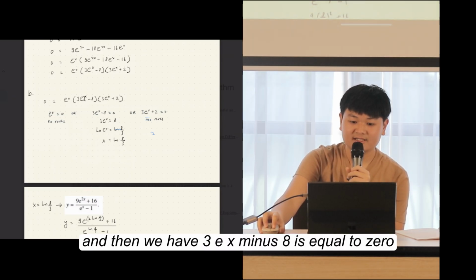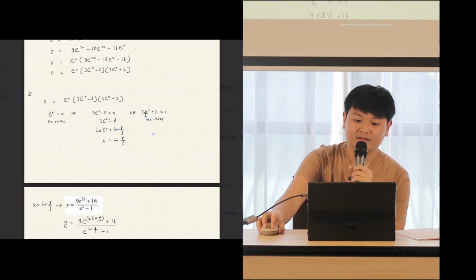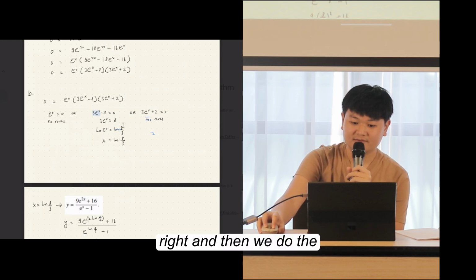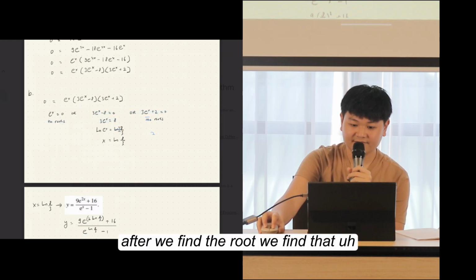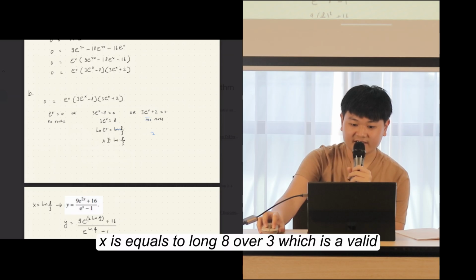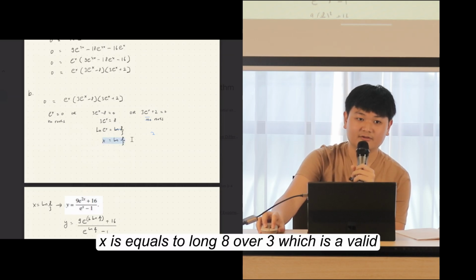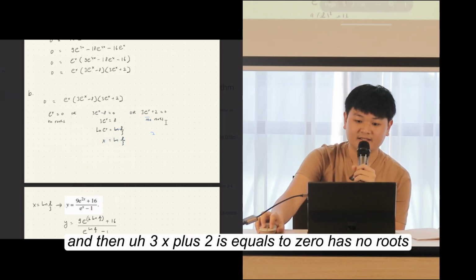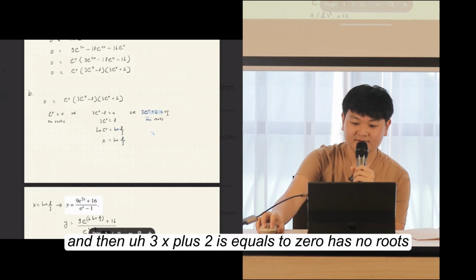And then we have 3e^x - 8 is equal to 0, right? After we find the root, we find that x is equal to ln(8/3), which is valid. And then 3e^x + 2 is equal to 0 has no roots.